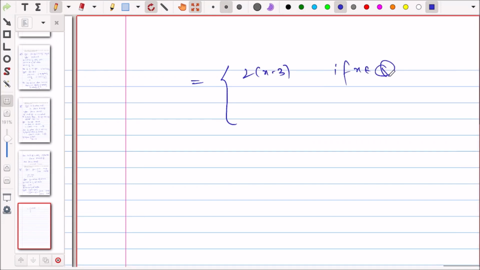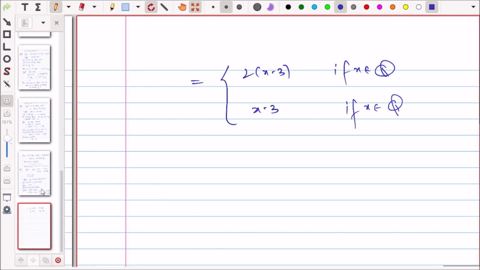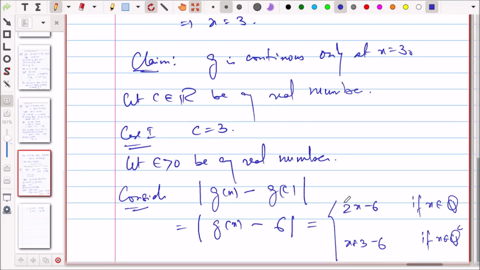This can be written as 2x minus 3 if x belongs to Q, and x minus 3 if x belongs to Q complement. Sorry, there will be a mod also, because we are starting with the mod of g(x) minus g(c). So just put a mod here and a mod here.